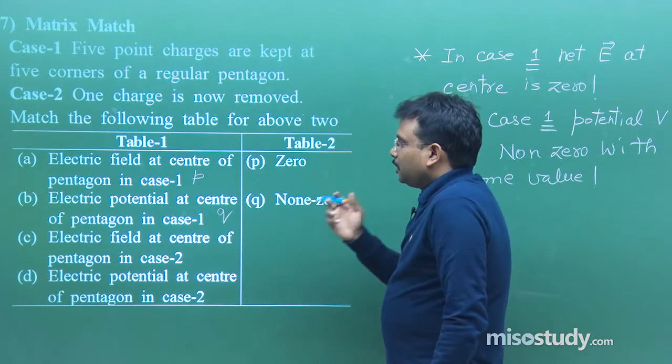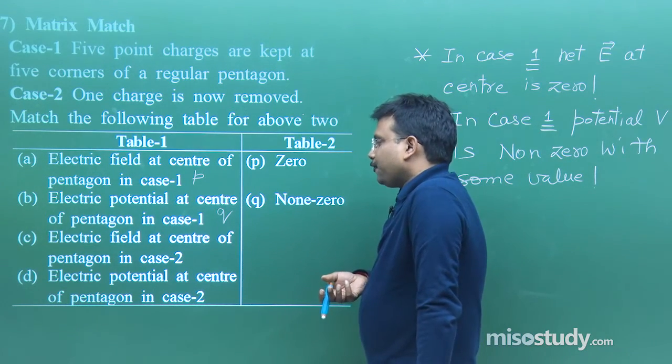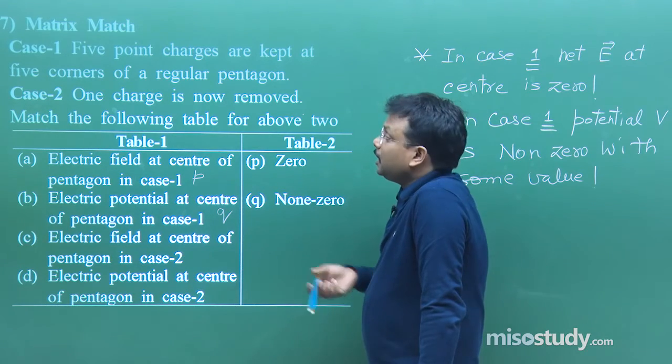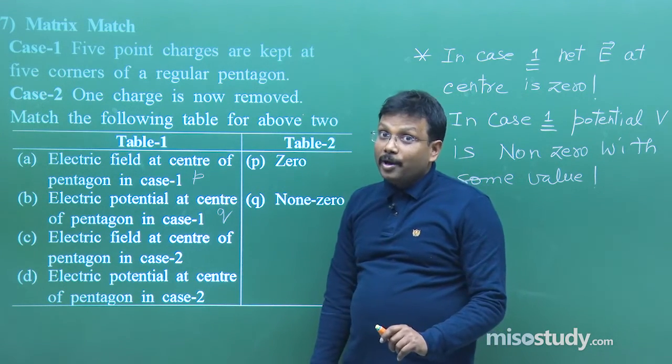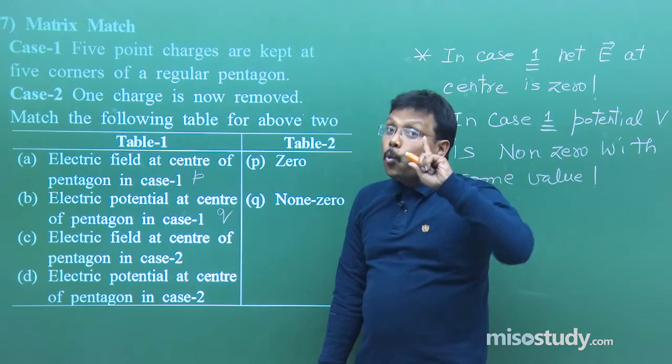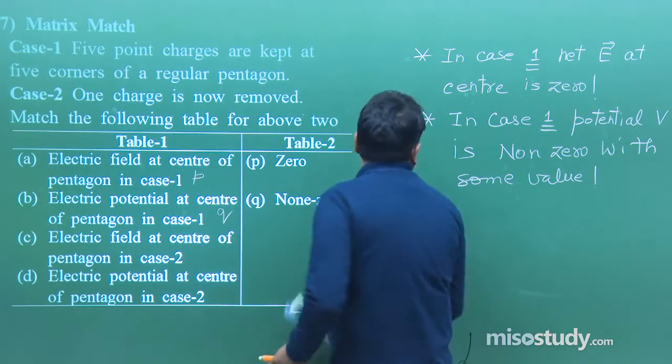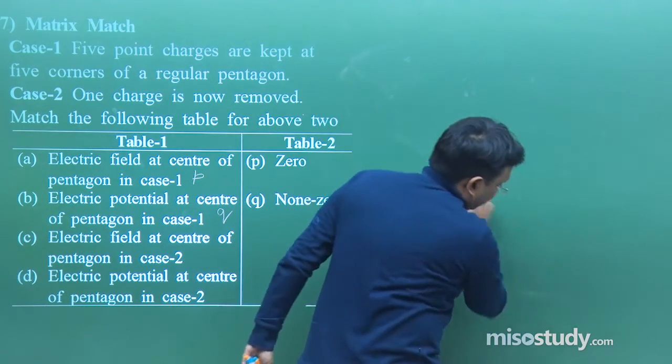Then come on to scenario C, electric field at center of pentagon in case 2. Now, in case 2, when one charge is removed, the situation is going to be different.